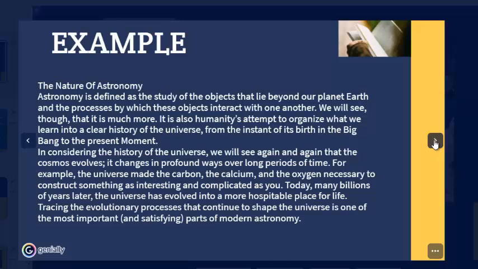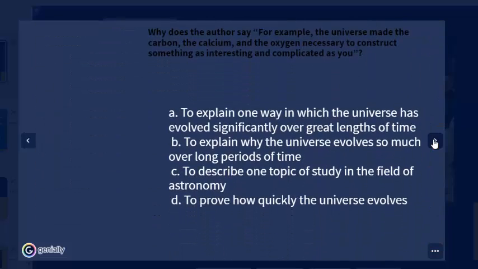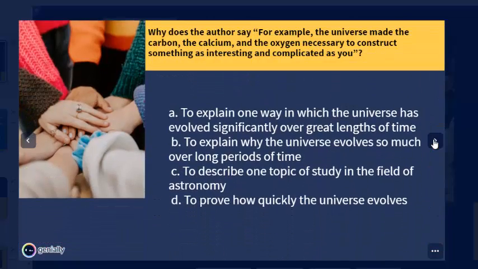Today, many billions of years later, the universe has evolved into a more hospitable place for life. Tracing the evolutionary processes that continue to shape the universe is one of the most important and satisfying parts of modern astronomy.